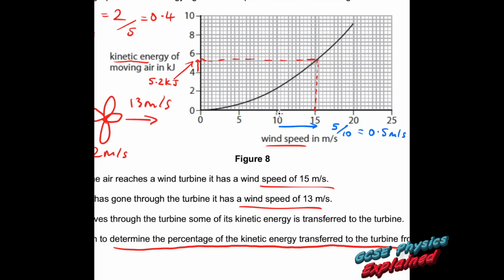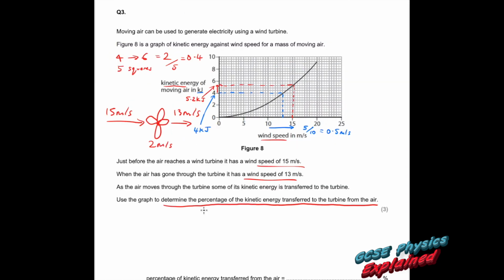So there's 10, that will be 11, 12, 13. So if you draw your little dots going up towards the graph and then come across here like this, that's 4. So that was much easier. So that was 4 kilojoules.